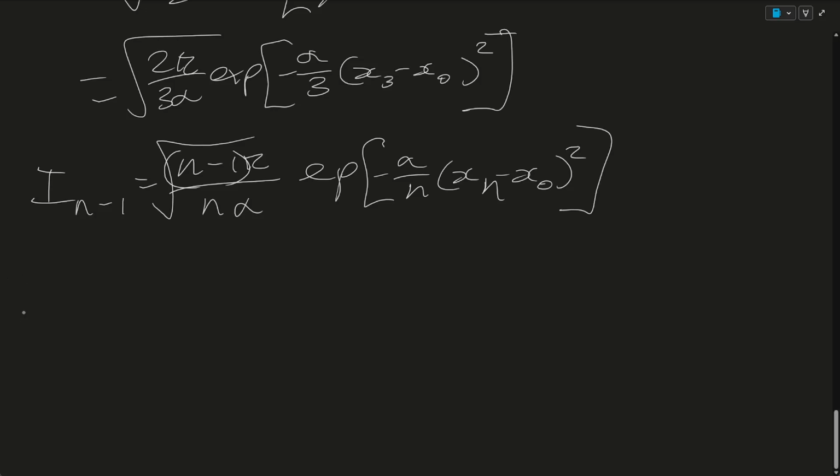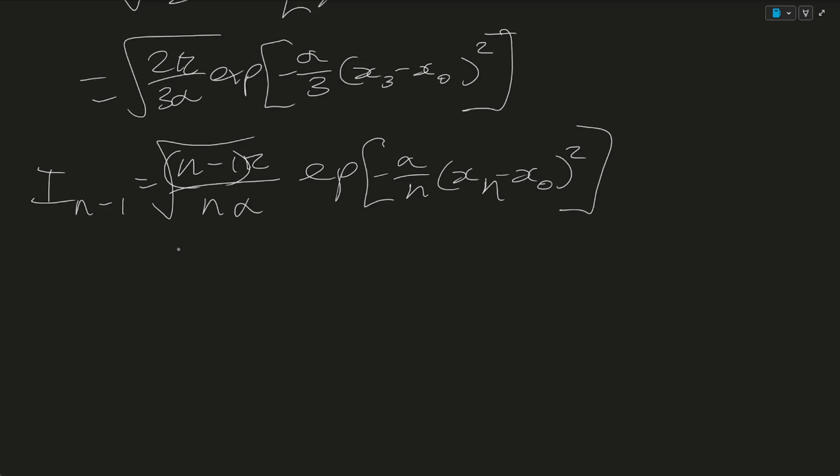Now what we need to do is perform this n minus 1 times. And what we want to find is the total prefactor. And that ends up being actually not that hard to do.